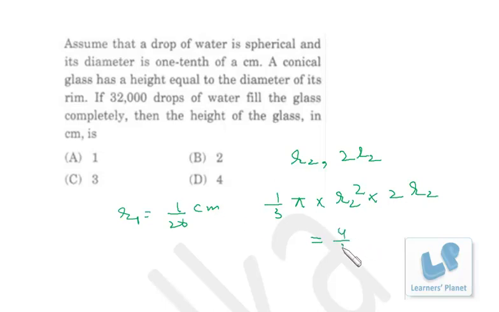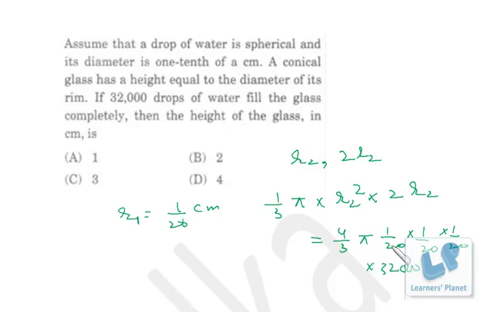That is 4/3 pi r cube, so 1/20 into 1/20 into 1/20, right? So the volume of both of them will be equal, and into this 32,000, because this is the volume of one drop. So the total volume of 32,000 drops will be this much, right?